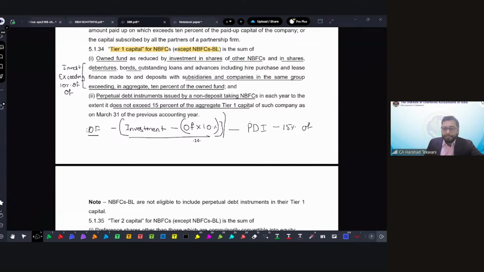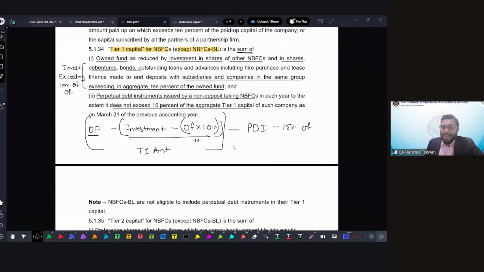So 15% of that is required to be taken as your tier 1 capital in total. Let's say this is T1 amount.